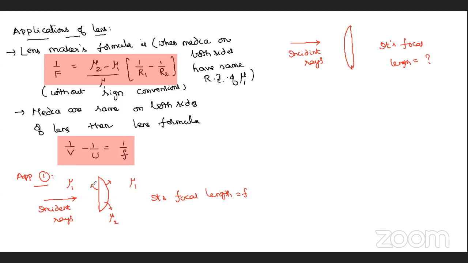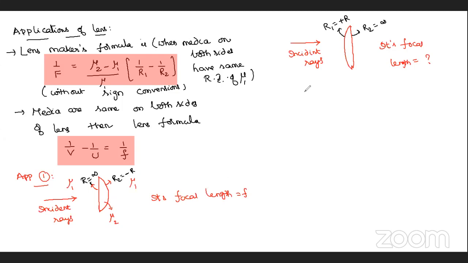Okay, so here this is R1. R1 is infinity and R2 is equal to minus R. What you are saying is correct. Yes, accepted. And in this case R1 is R and R2 is equal to infinity.